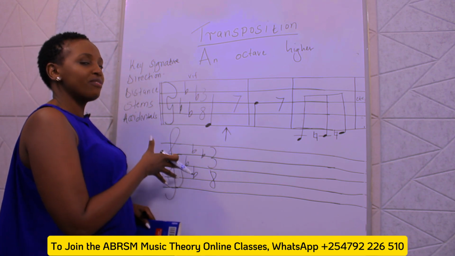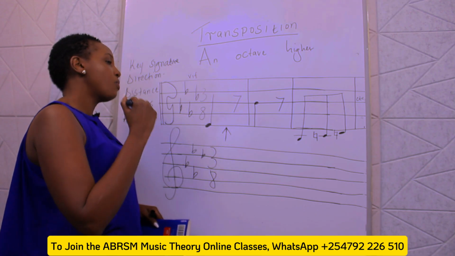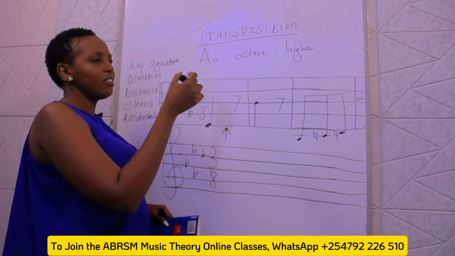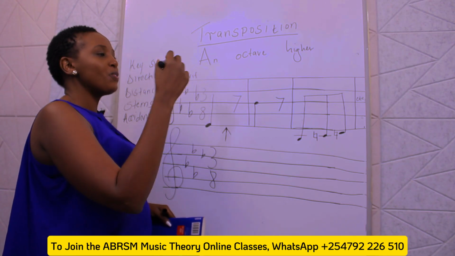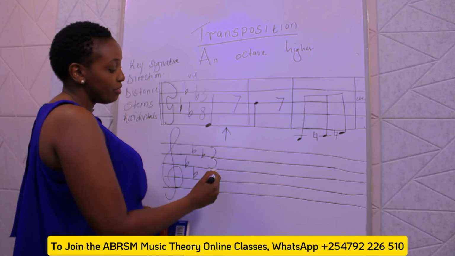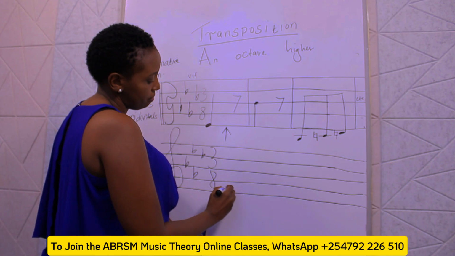In G clef. If I go an octave higher from this F that is usually at the F clef where there are 2 dots, I'll be going to the G clef. Then I'll definitely be talking about this F that is over here.